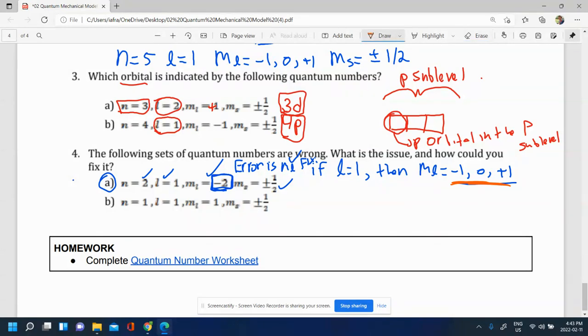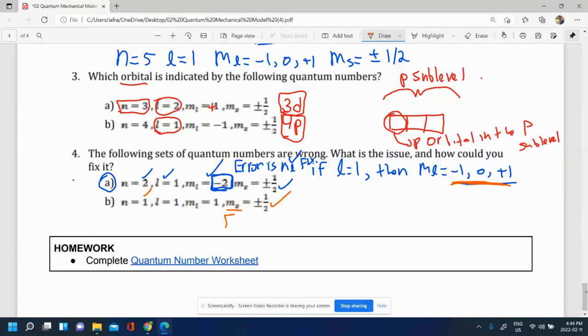Let's do the last one here together. So once again, I'll check my MS. Looks good. Plus minus half. N is equal to 1. Okay. So, I mean, that's fine. We'll start there. L is equal to 1. I think there's a problem there because you'll notice that if n is equal to 1, L can only go from 0 up to n minus 1, and this is too high.